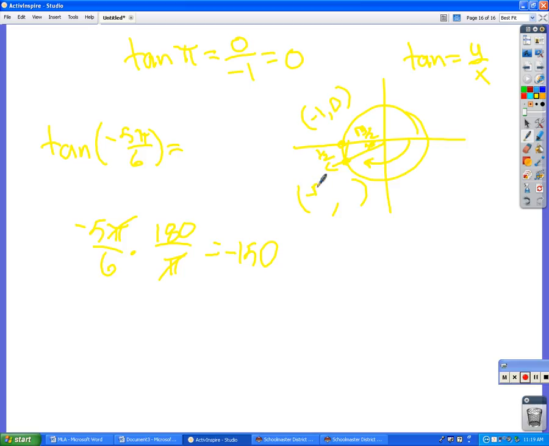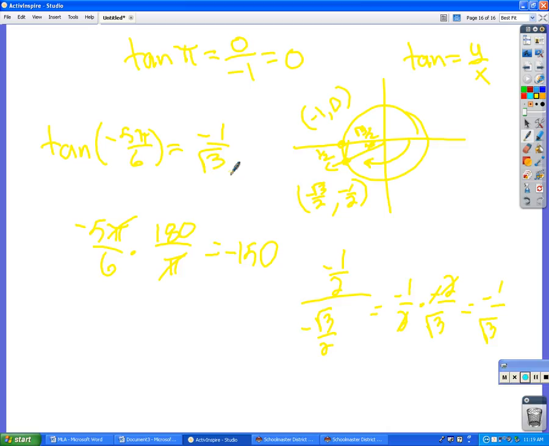Negative root 3 over 2. How far in the y direction? Negative 1/2. So to find the tangent of that value, I need to go y over x. What do I do when I'm dividing two fractions? Flip the second one over and multiply. So the negatives cancel, the 2's cancel, and the tangent of negative 5 pi over 6 is negative 1 over root 3.